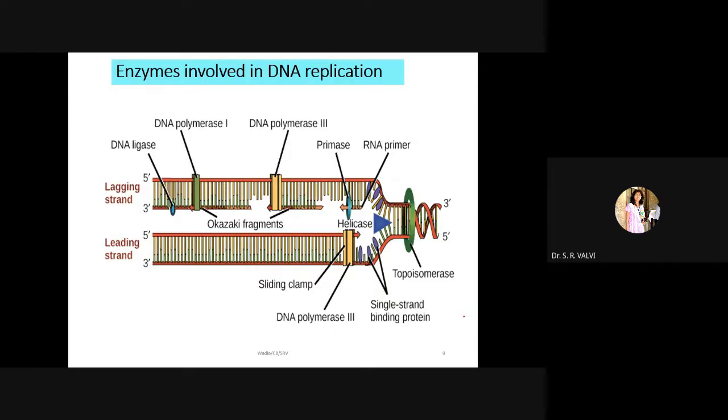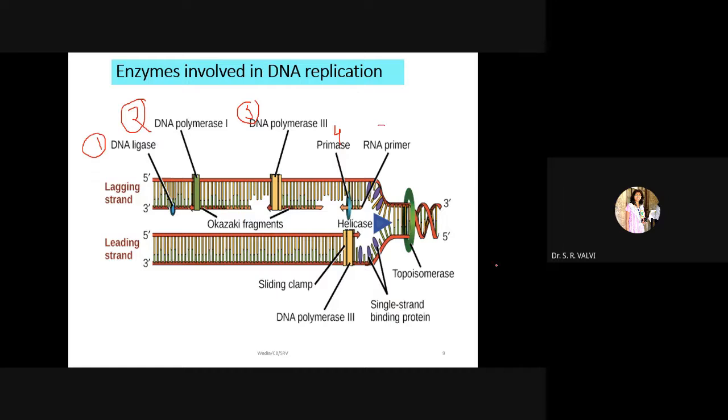Now the next part you have to learn in DNA replication is which enzymes are involved in DNA replication. See here, this is DNA ligase. I will give the numbering. Then DNA polymerase 1, then DNA polymerase 3, then this is the primase, right?